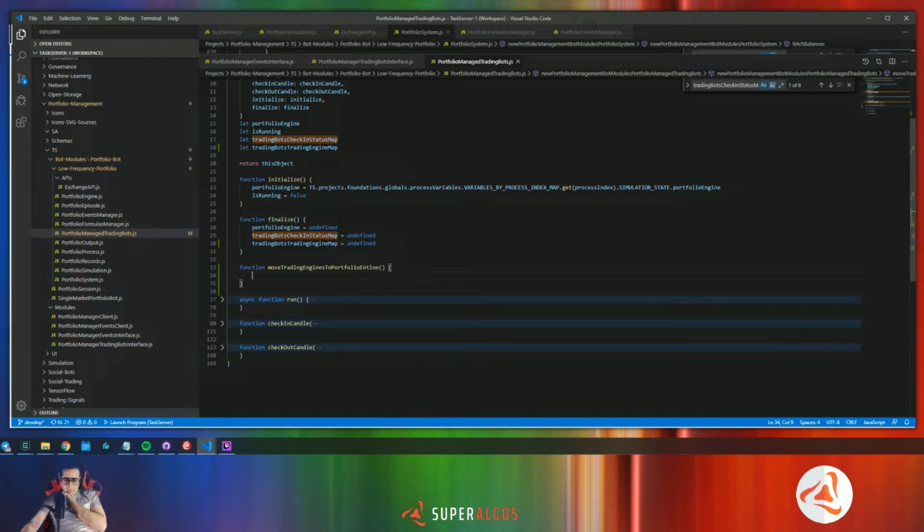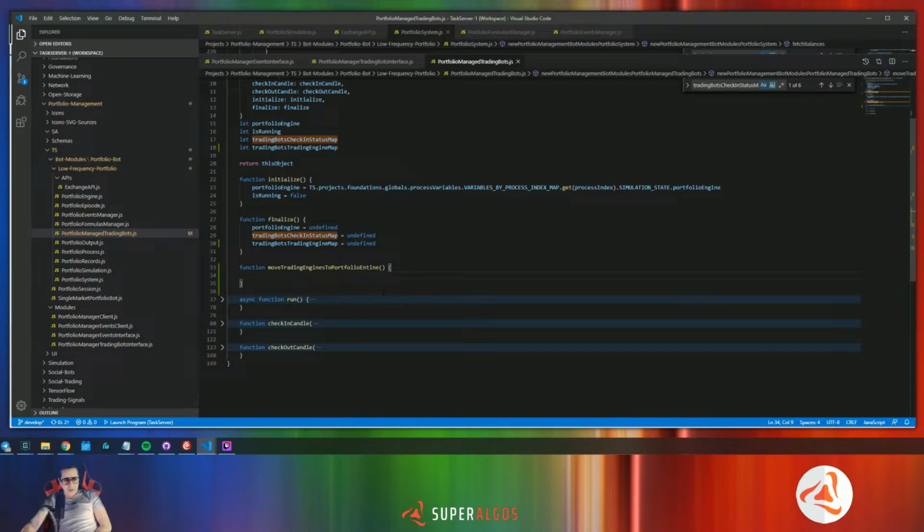I mean, it's an operation in which we are copying a node structure into the trading engine.